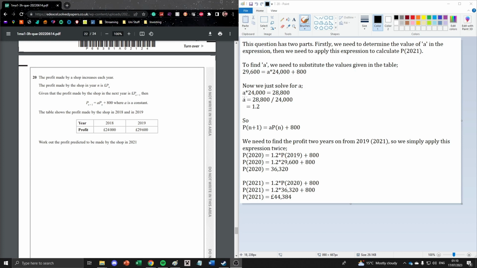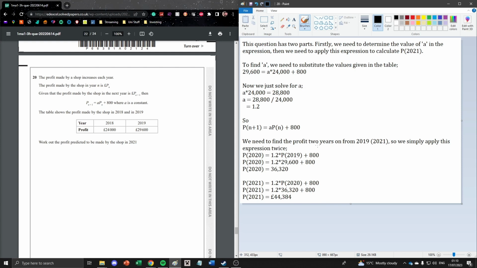We're going to get A times 24,000 is equal to 28,800. And then we're going to divide both sides by 24,000 to get that A is equal to 28,800 divided by 24,000, which is equal to 1.2. So if we were to rewrite with our new knowledge this expression, we'd get that Pn plus 1 is equal to 1.2 Pn plus 800.